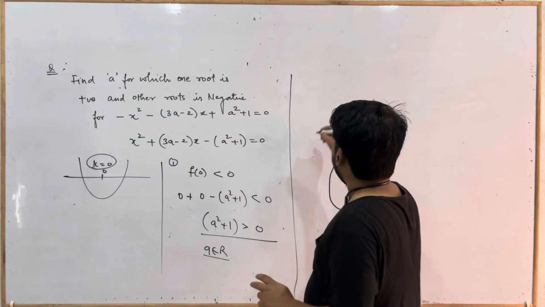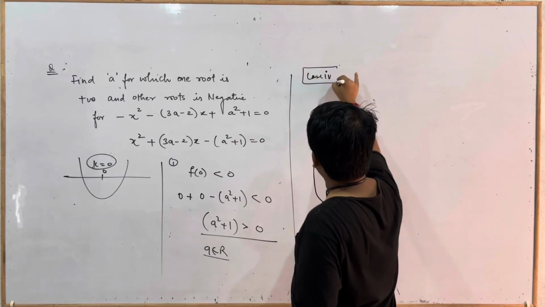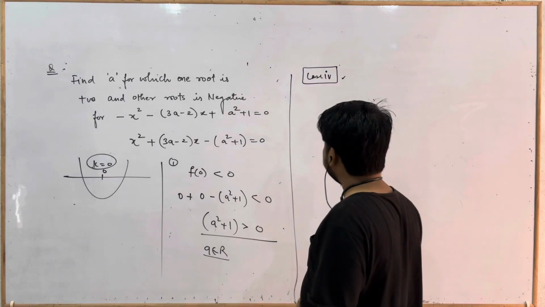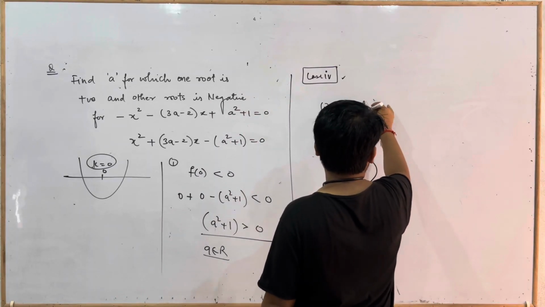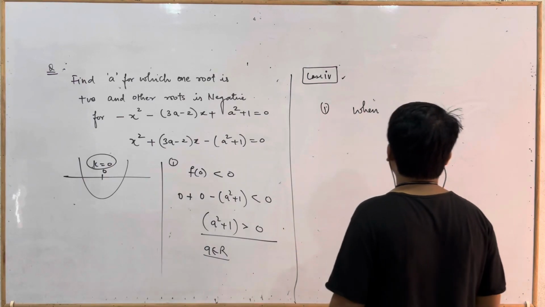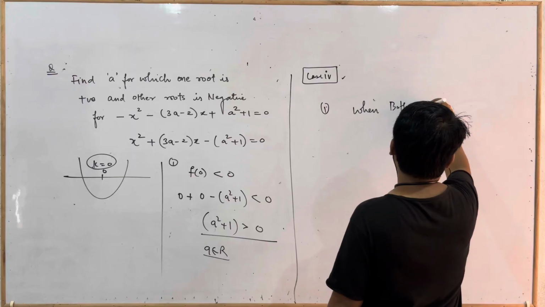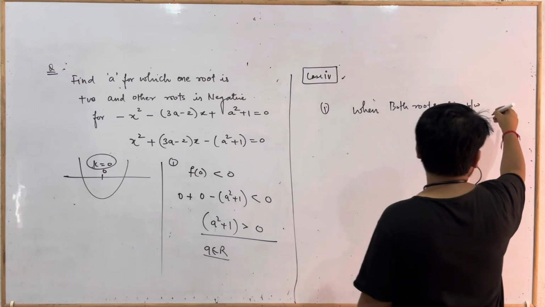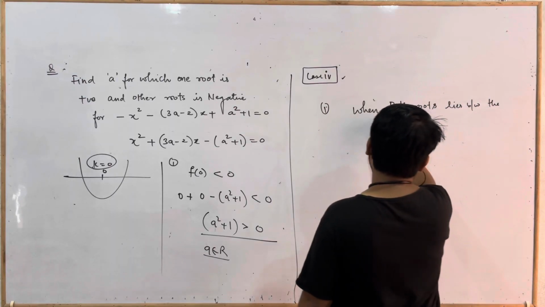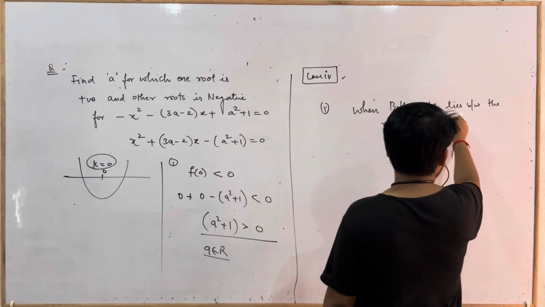Now I am going to discuss case number 4. Case number 4 is when both roots lie between the numbers k1 and k2.